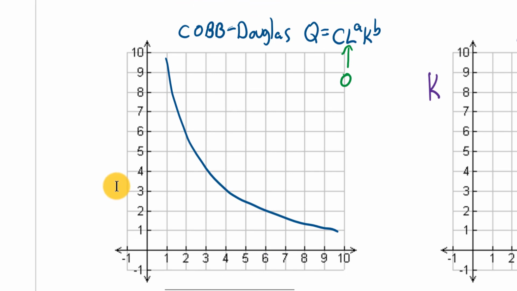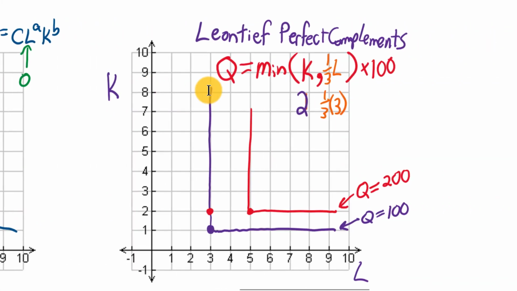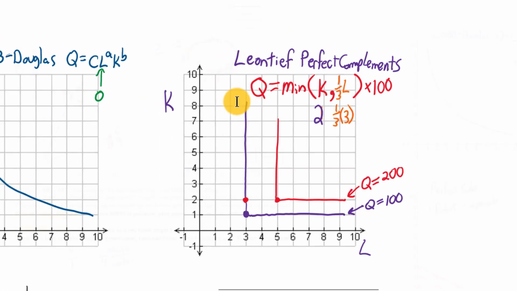With the Cobb-Douglas, of course, it's going to be steeper over here, high marginal rate of technical substitution, and lower over here. Leontief, the slope is either 0 or infinity. So no substitutability at all if you're talking about a Leontief or perfect complements kind of production function.